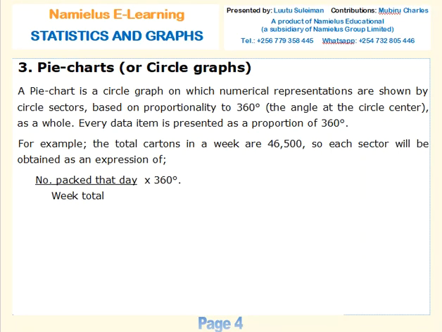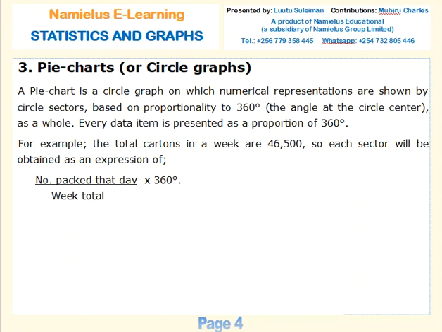Our chart number 3 is the pie chart, also known as a circle graph. A pie chart is a circle graph on which numerical representations are shown by circle sectors based on proportionality to 360.